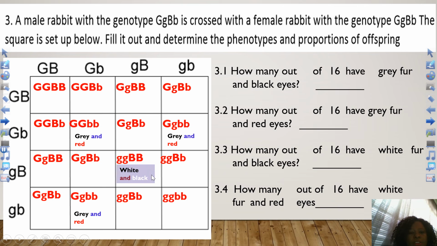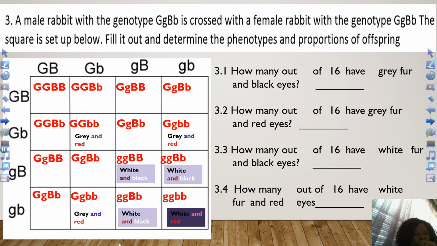So it's white fur and black eyes. Same thing, that one will also be white and black. That will also be white and black. And this one here at the bottom is the one that is going to be white and red.